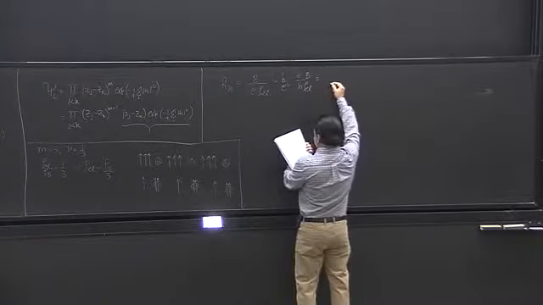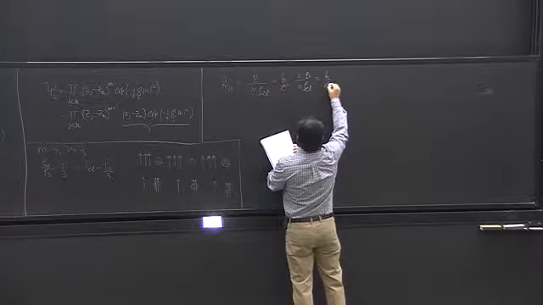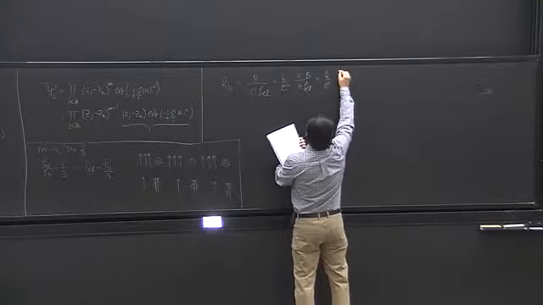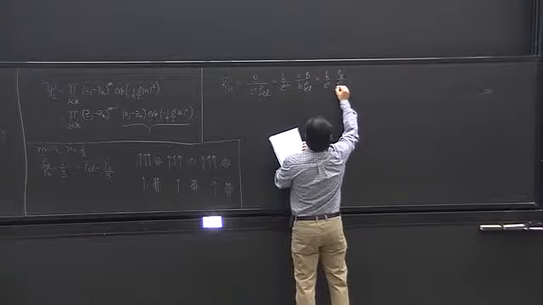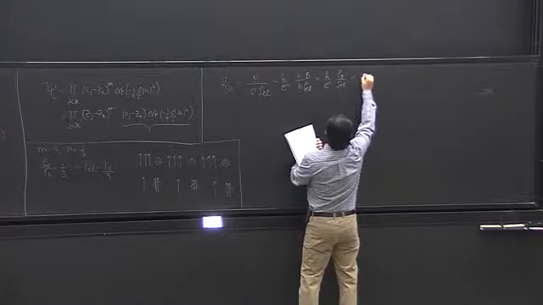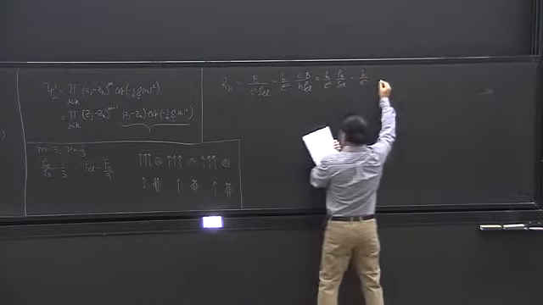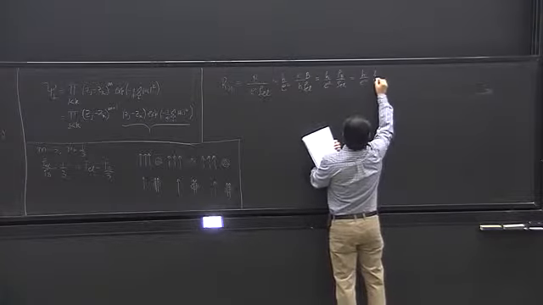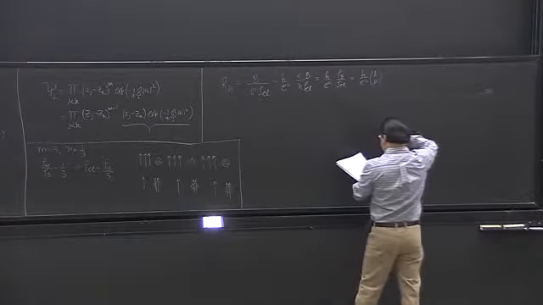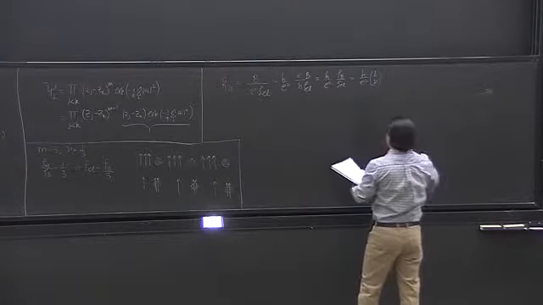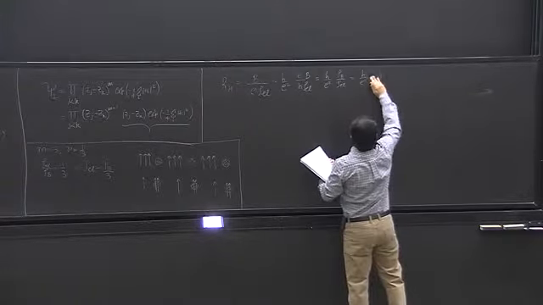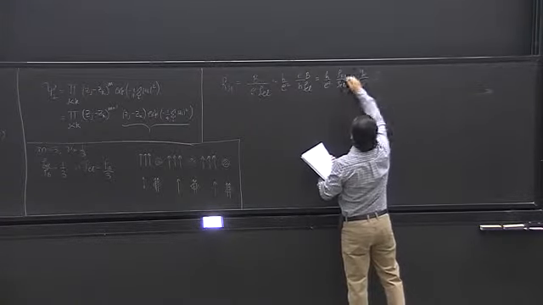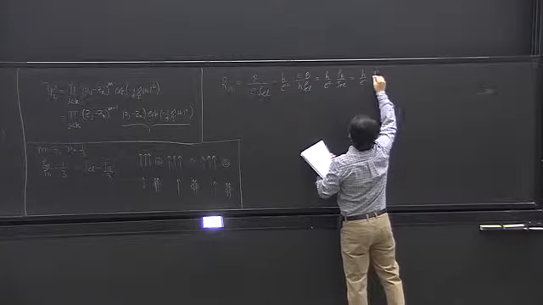This simply becomes h over e squared times rho B, or this simply becomes the filling factor.